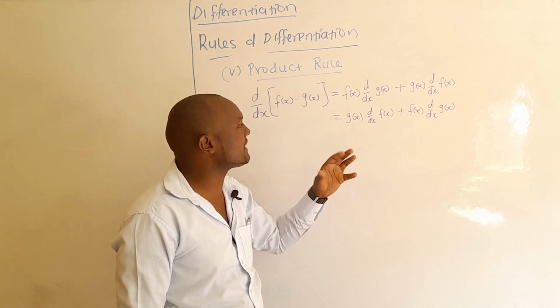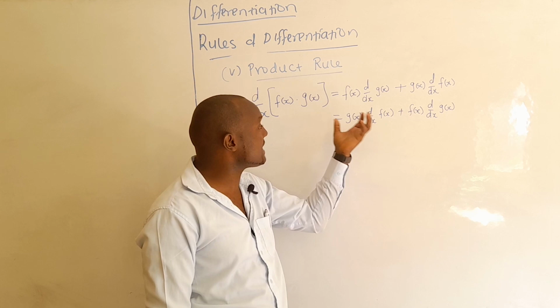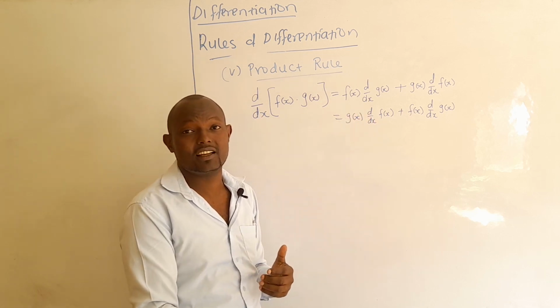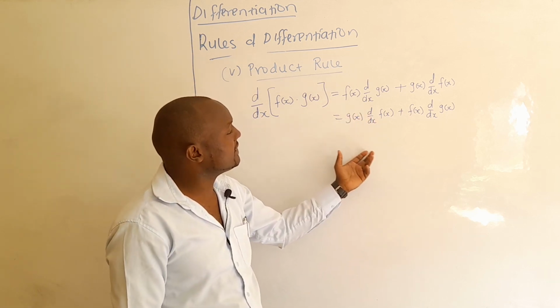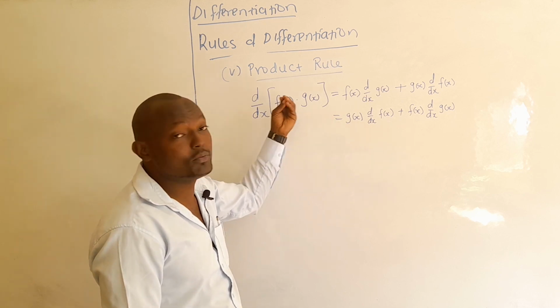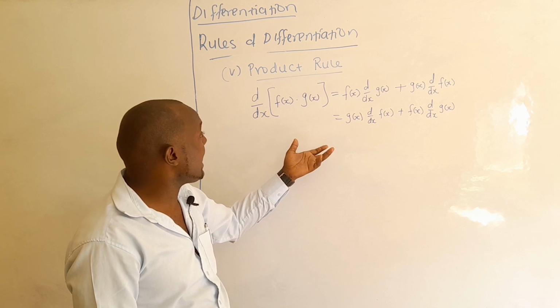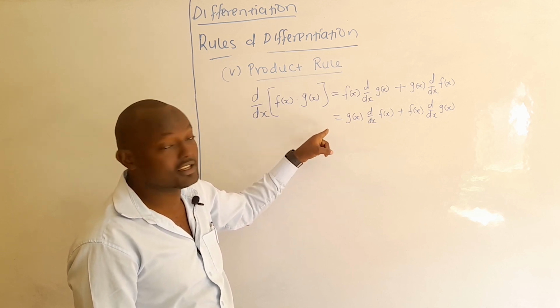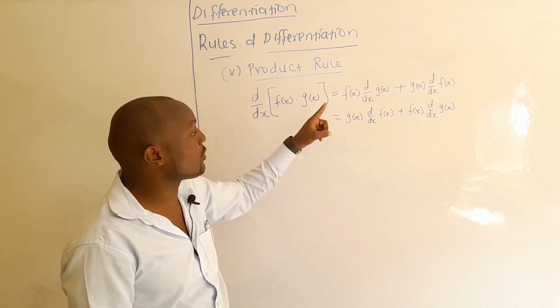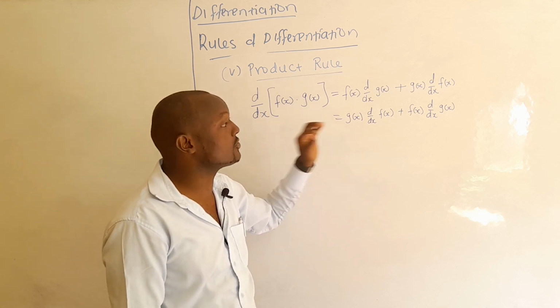The order doesn't matter. But when you look at the quotient rule, the order will be very important. So I must put more emphasis on this one: when it comes to product rule, the order doesn't matter, as long as you do the right thing.